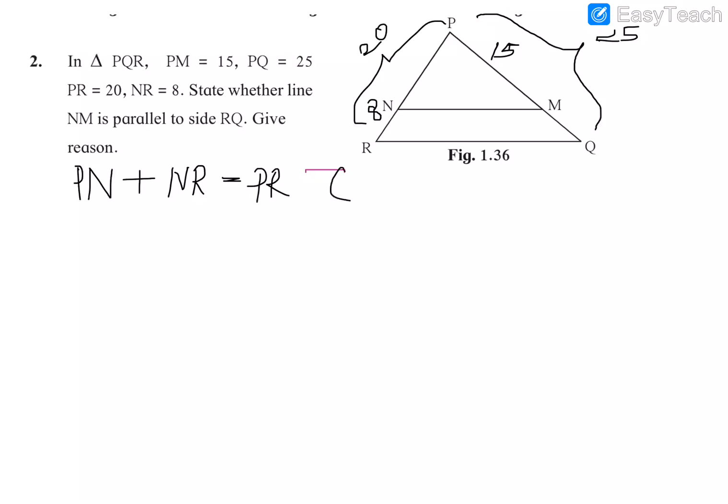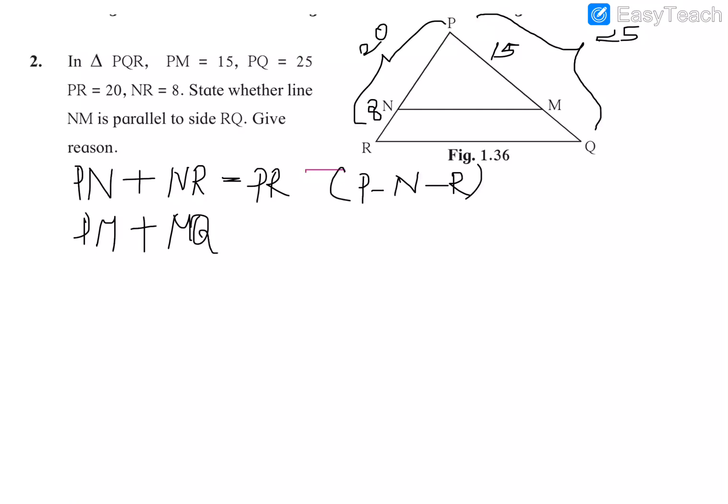Also we need to mention the reason for writing this, since P, N, R are collinear, they lie in a single line. So the distance of PN plus NR will be equal to that of PR.